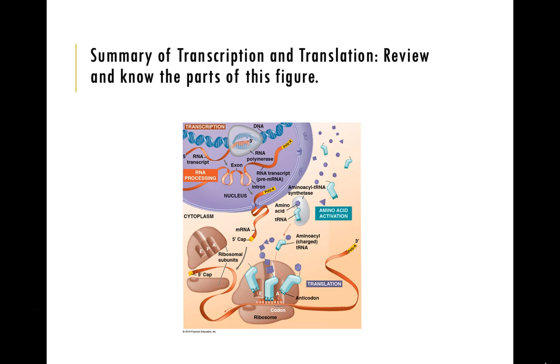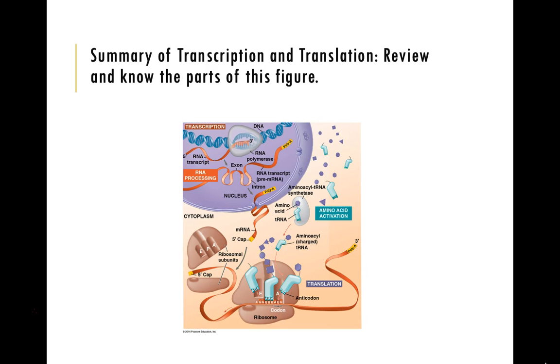But as that messenger RNA is being produced, we are going to begin to process it. So we're going to put that 5' cap on it. We're going to take out all of those introns that we don't need, add the poly A tail. Then it's going to move out of the nucleus into the cytoplasm, where the ribosome is going to bind to it and produce that polypeptide chain.